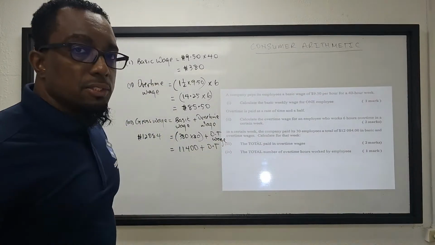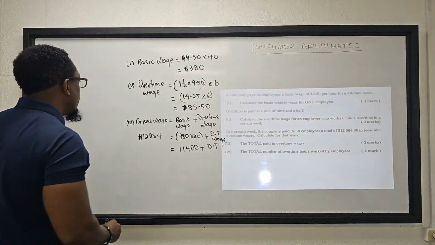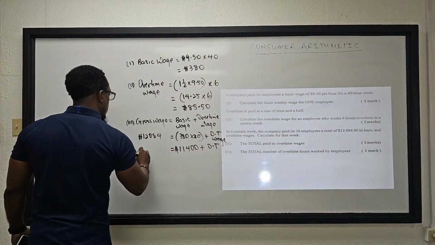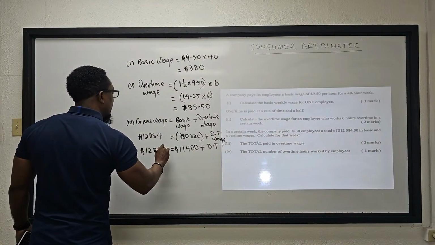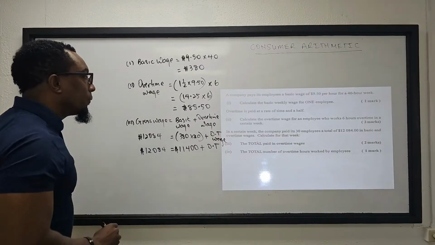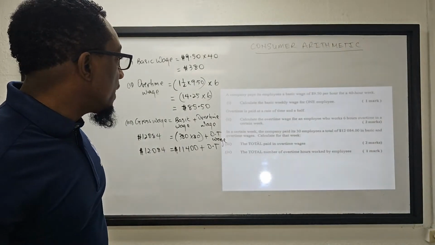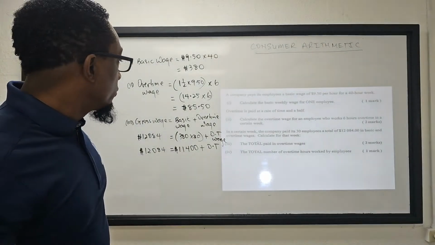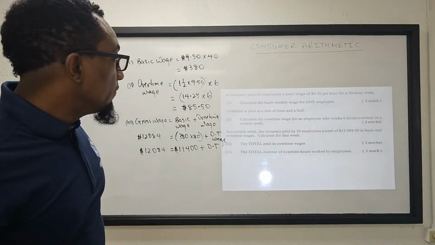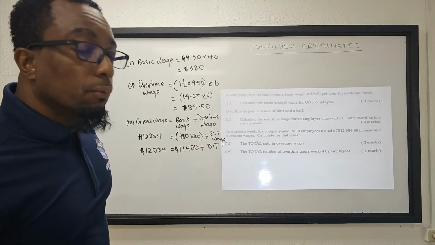So OT stands for overtime, right? And we have $12,084. So what's the overtime wage? The overtime wage will be simply to subtract 11,400 from $12,084, and we're going to determine there what is the overtime wage.